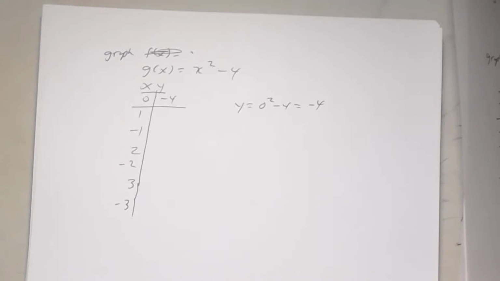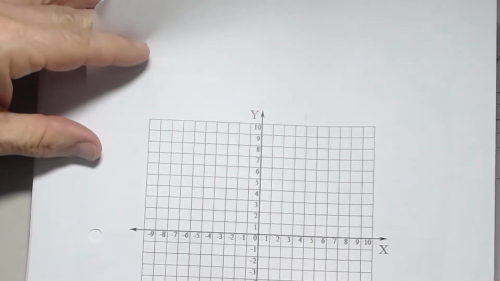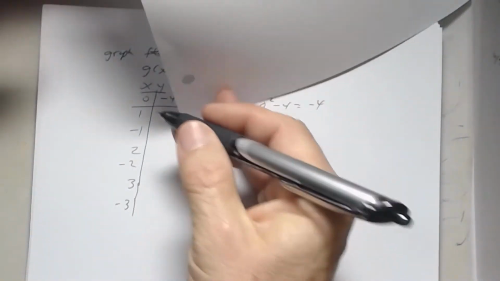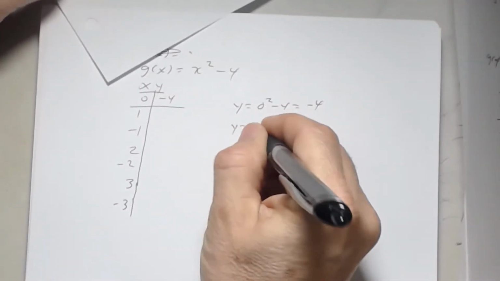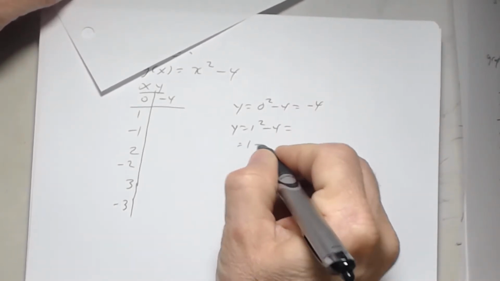All right, so here's the point 0, negative 4, right here. All right, x is 1. I get y equals 1 squared minus 4, which is 1 minus 4, which is what?